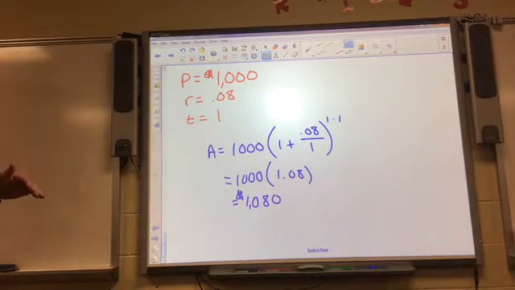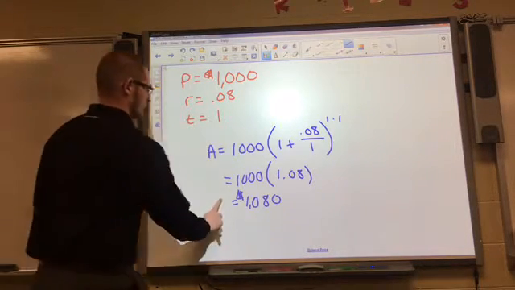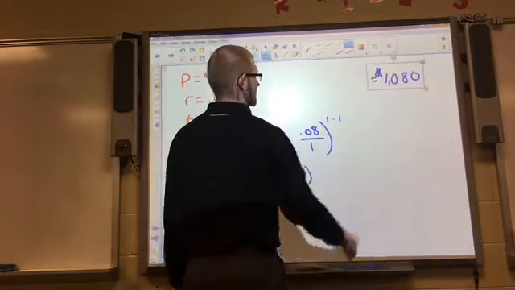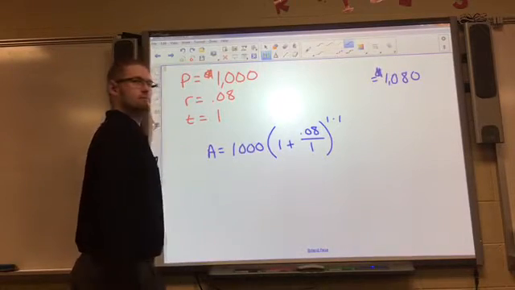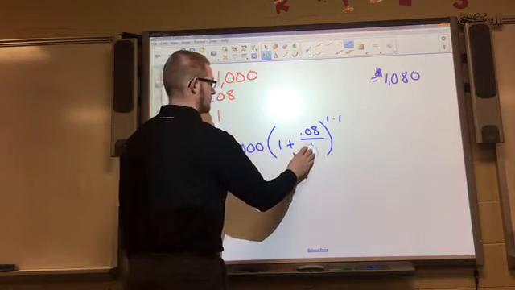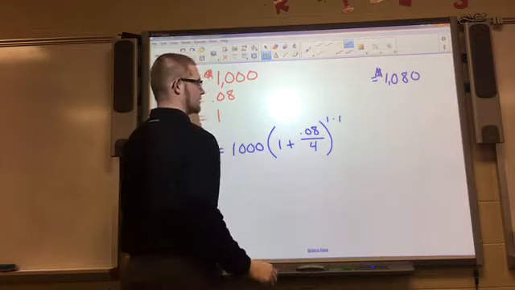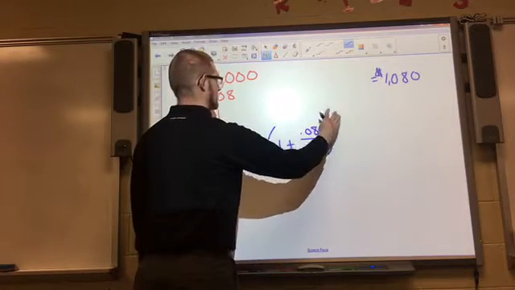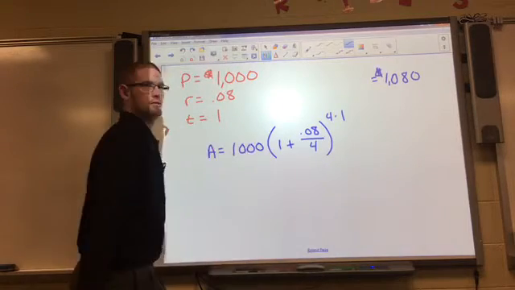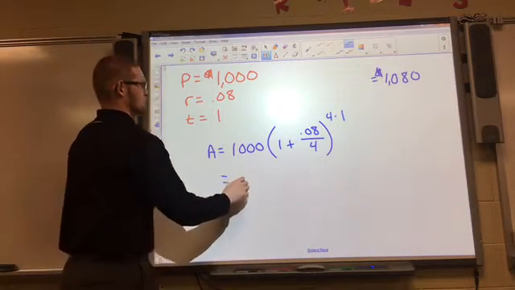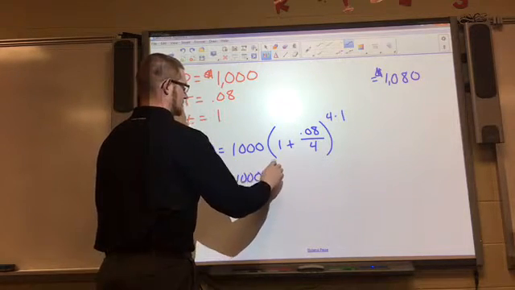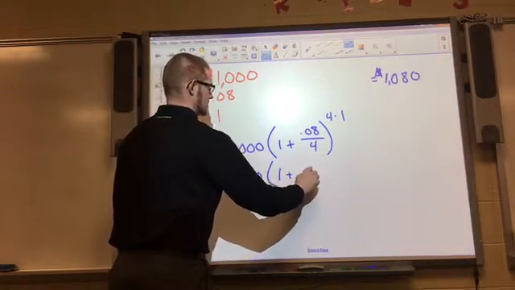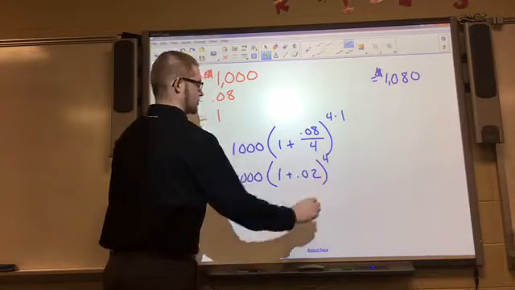Okay? So what if I went back and I changed it? They want to change the next one. They want to do quarterly. What does that mean? So that means they do it 4 times a year, right? Because how many quarters are in a year? 4. So what numbers change? The bottom one changes to a 4. And it's going to be 4 times 1 now, right? Okay. What is 0.08 divided by 4? To the 4th power, though.